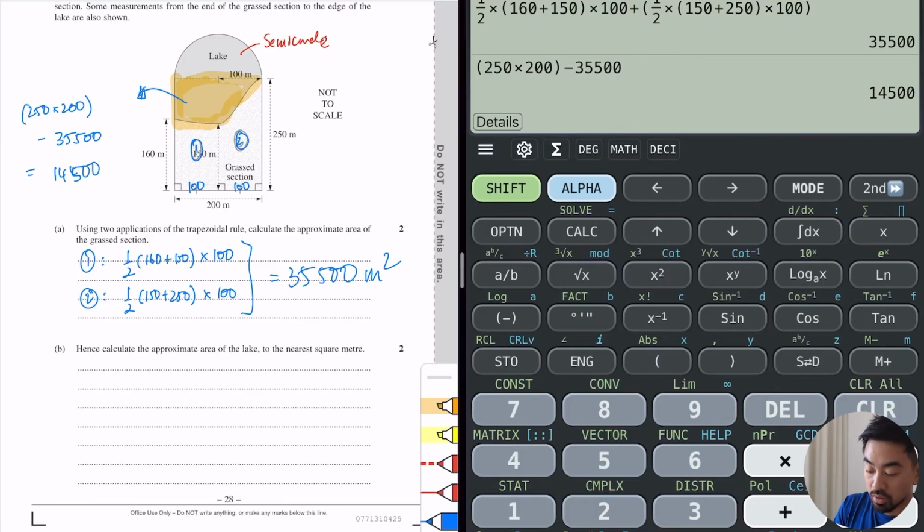And we need to add on the semicircle. All right, so the semicircle over here is going to be 1/2 pi r squared. So what's our radius? Our radius is 100. They've given that to us.